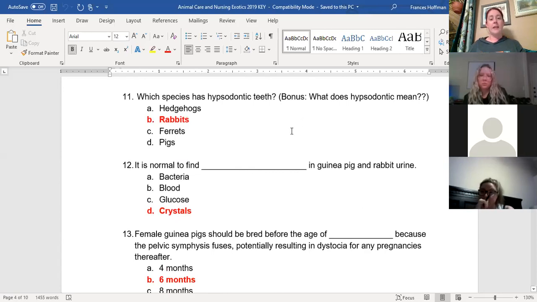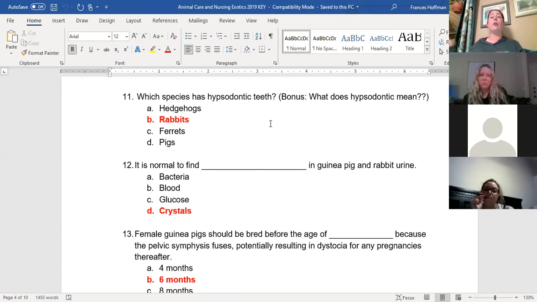Which species has hypsodontic teeth? That's going to be our rabbits. Hedgehogs are insectivores, so they're going to have separate incisors in the top, and their bottom incisors will fit right in between that, so that way they can behead their insect diets. Ferrets are obligate carnivores, and pigs are omnivores.